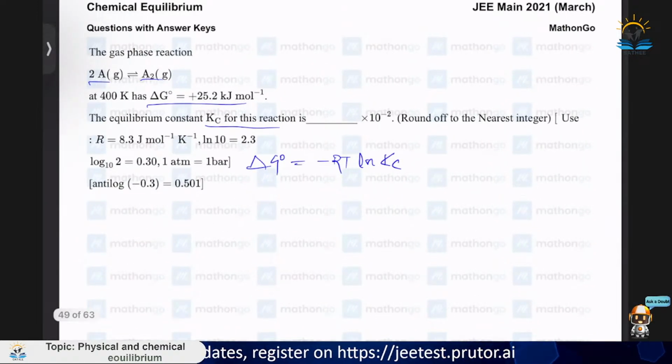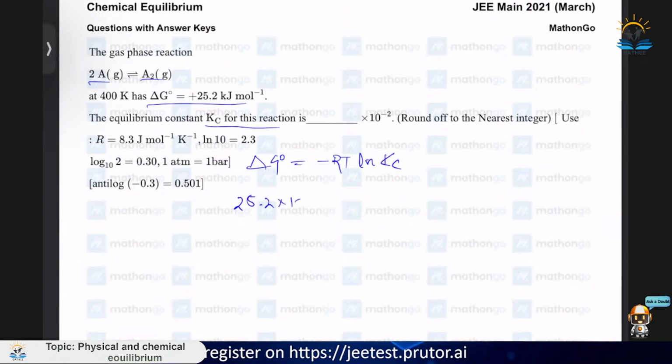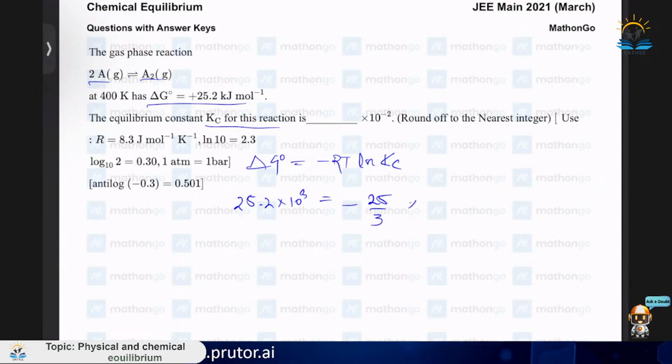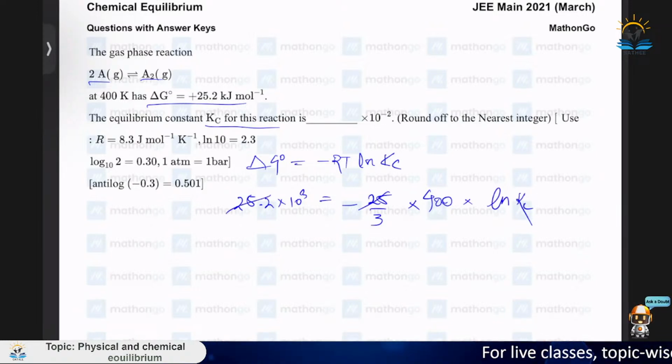Good. 25.2 into 10 to the power 3 joules per mole is equal to minus R, which is 25/3, which is 8.3, temperature is 400, and ln Kc. So 25 you just add 3.